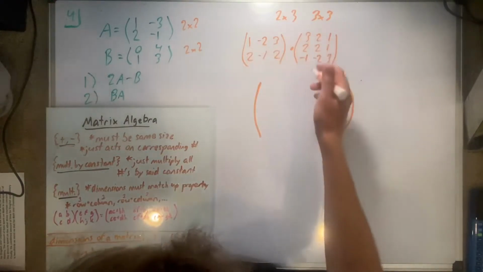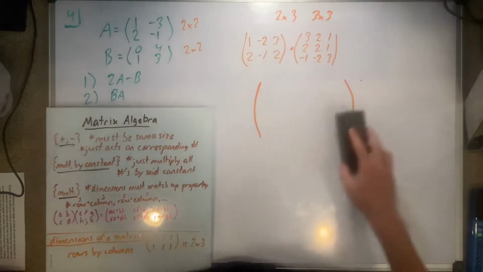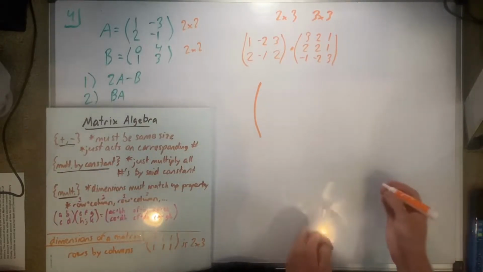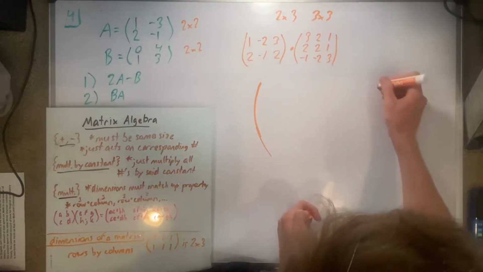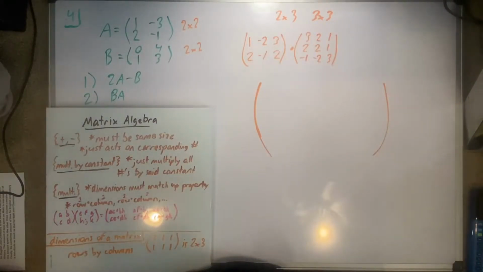So we will have 1 times 3. Actually, I'm going to make this even bigger. If you can try to solve this one on your own, or at least solve the one that's on your paper, and probably why you looked up this video.